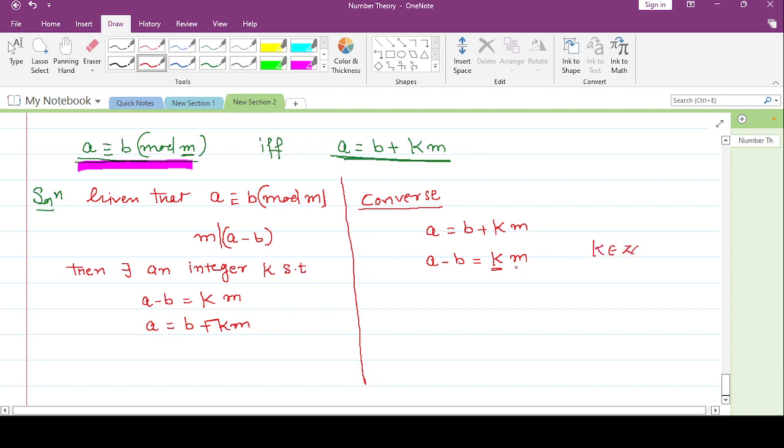Now as k is an integer, it means that m divides a minus b. If m divides a minus b, then a is congruent to b modulo m, because this is the definition of modulo. So we can move in both directions.